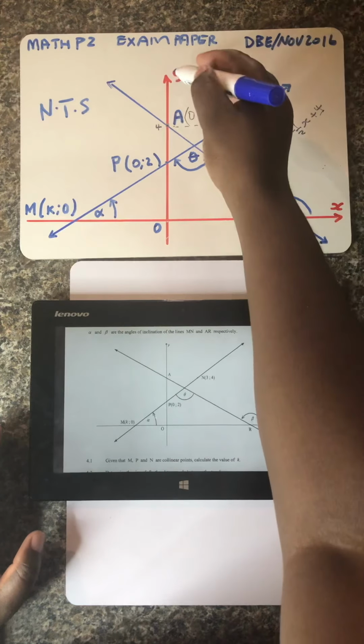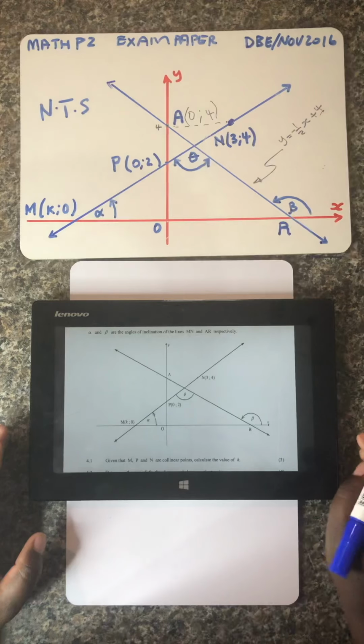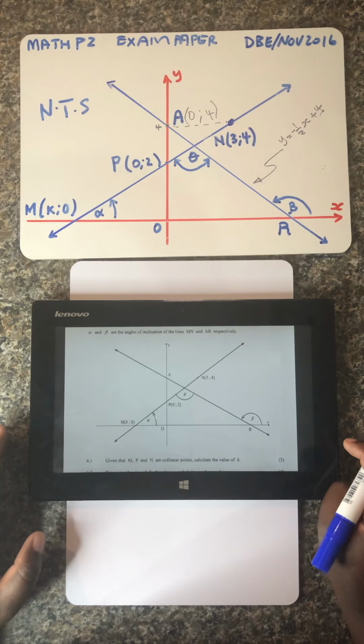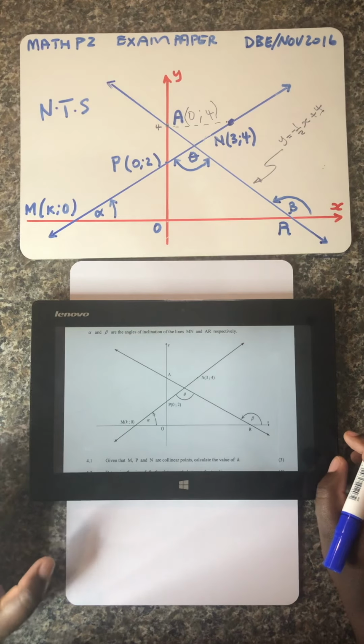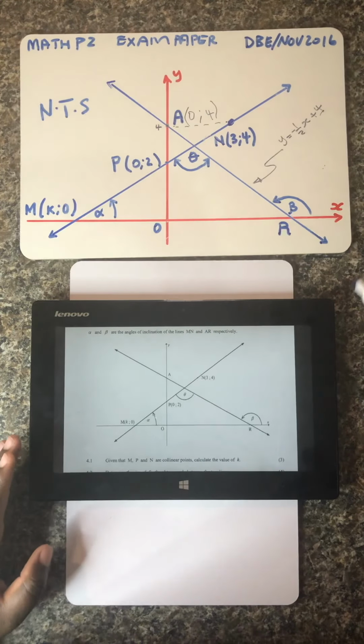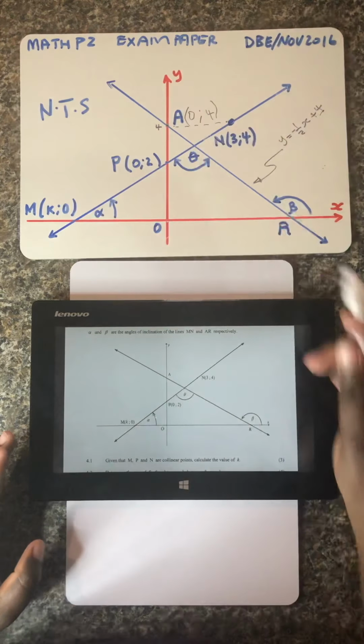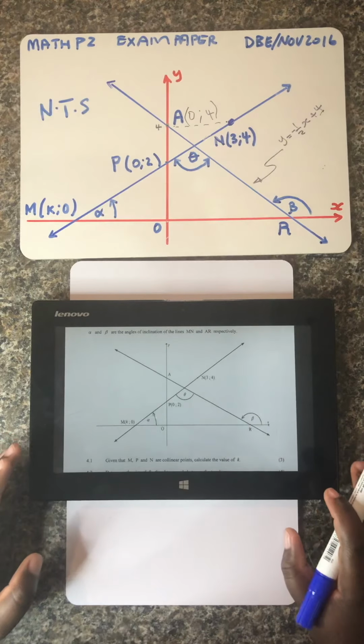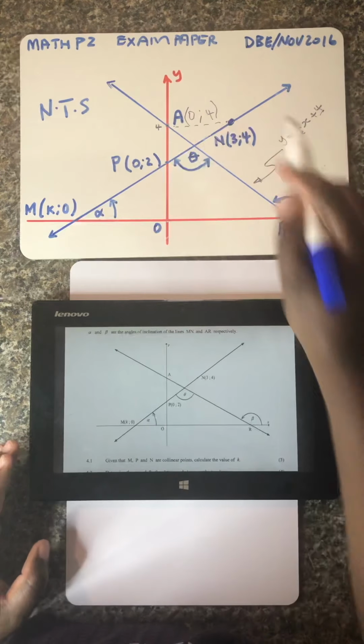So I've drawn the y and the x axis in red so that it doesn't confuse you. So from time to time, when you talk of a straight line, we'll be referring to these lines in blue, and then we can make use of the x and the y axis to reference some of the points.